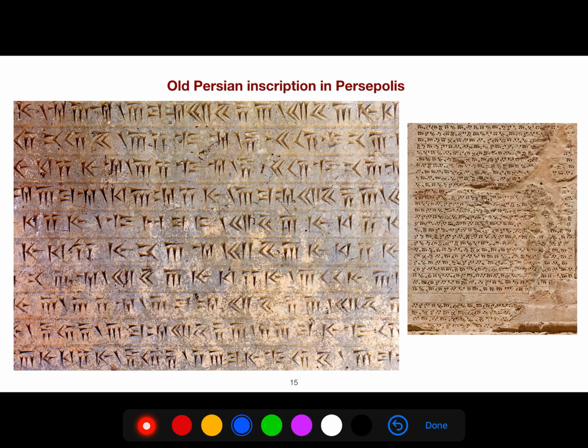Oh, this is the old Persian inscription in Persepolis in Shiraz inside Iran. So we can also learn these old languages. Of course, Iraq was part of Iran 300 years ago, 200 years ago.